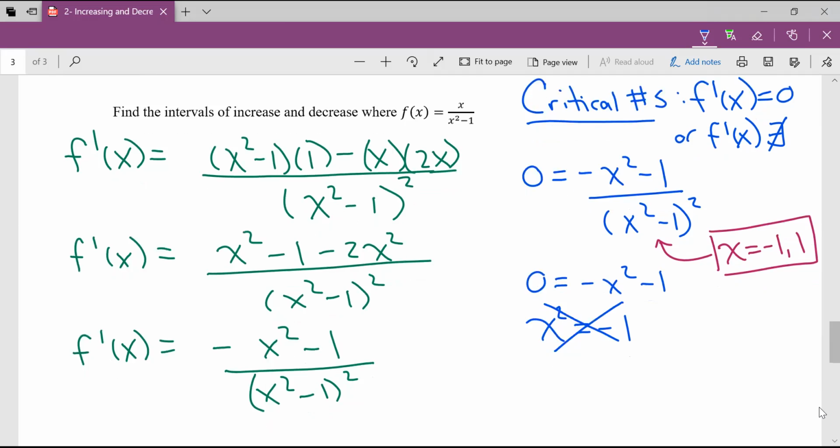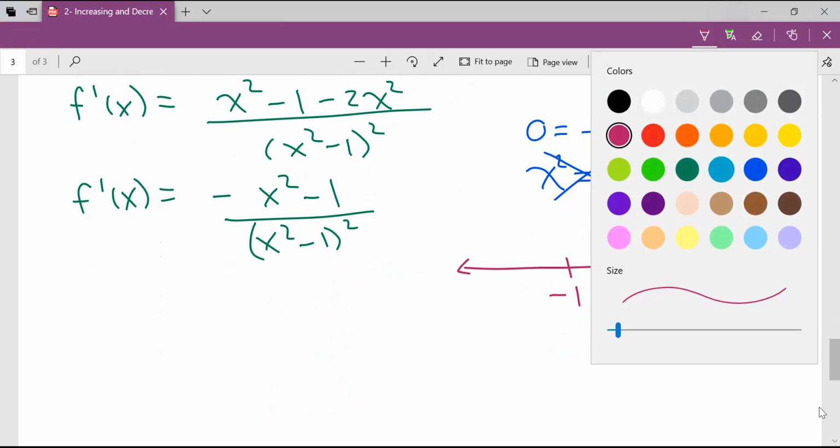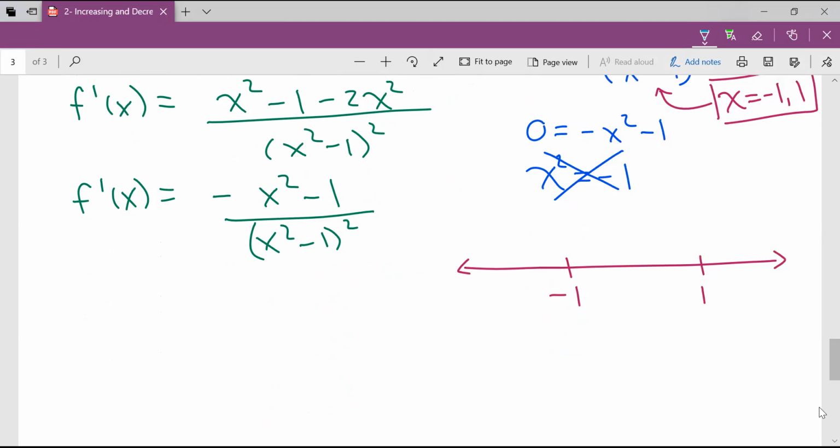Okay, so now we're going to do our sign analysis. So I take my critical numbers and I put them on a number line, just like that. And then I'm going to pick some test points. So to the left of -1, smaller than -1, negative 100; in between -1 and 1, 0; bigger than 1, 100.